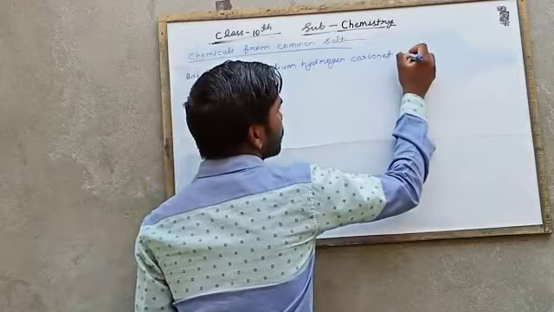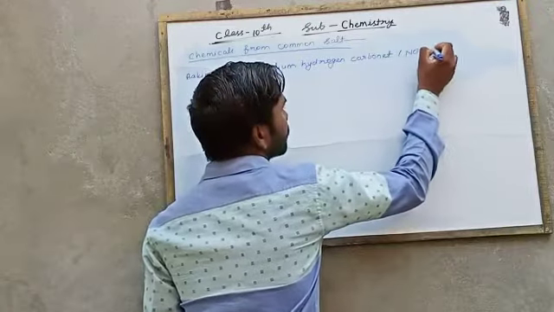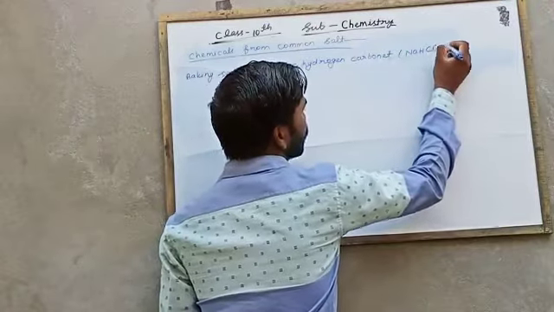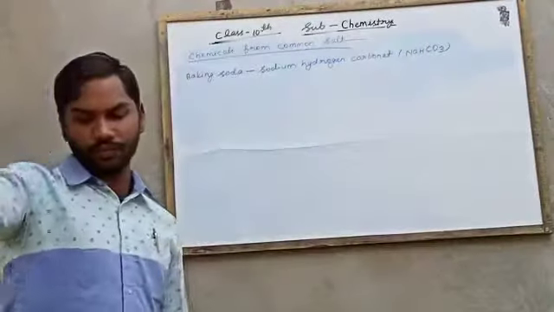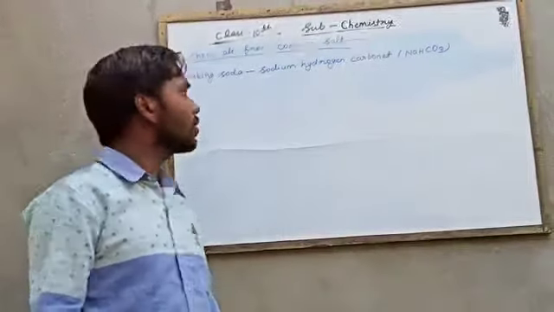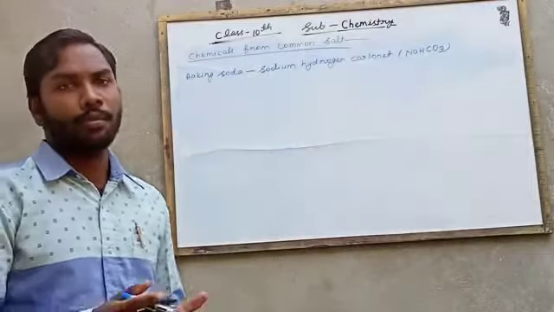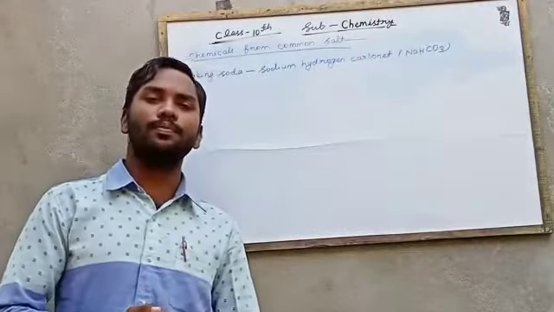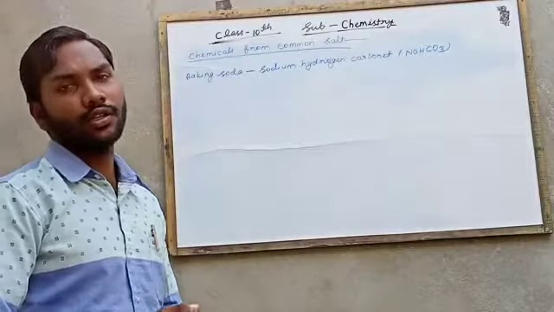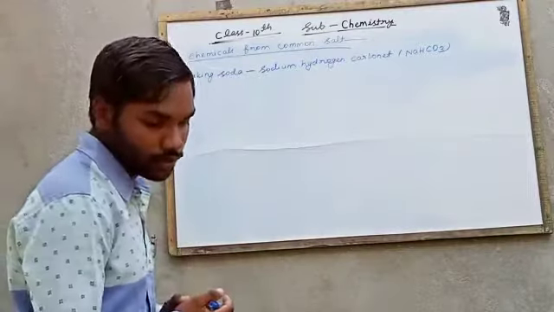The formula is NaHCO3. Baking soda is obtained from washing soda, sodium carbonate.